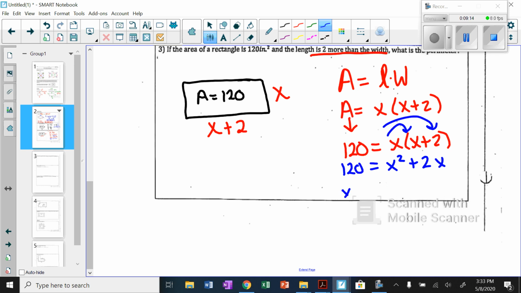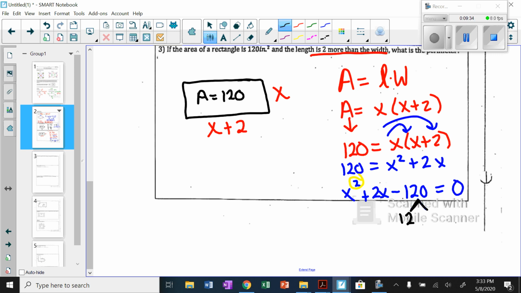Subtract that 120 to the other side because we're going to have to factor. How did I know we're going to have to factor? Because I have an x squared there.